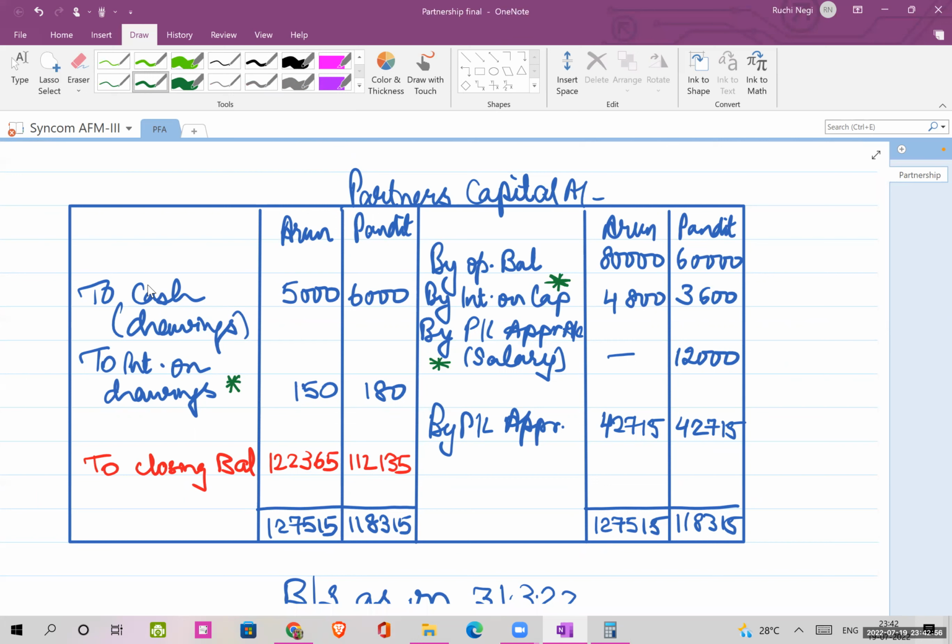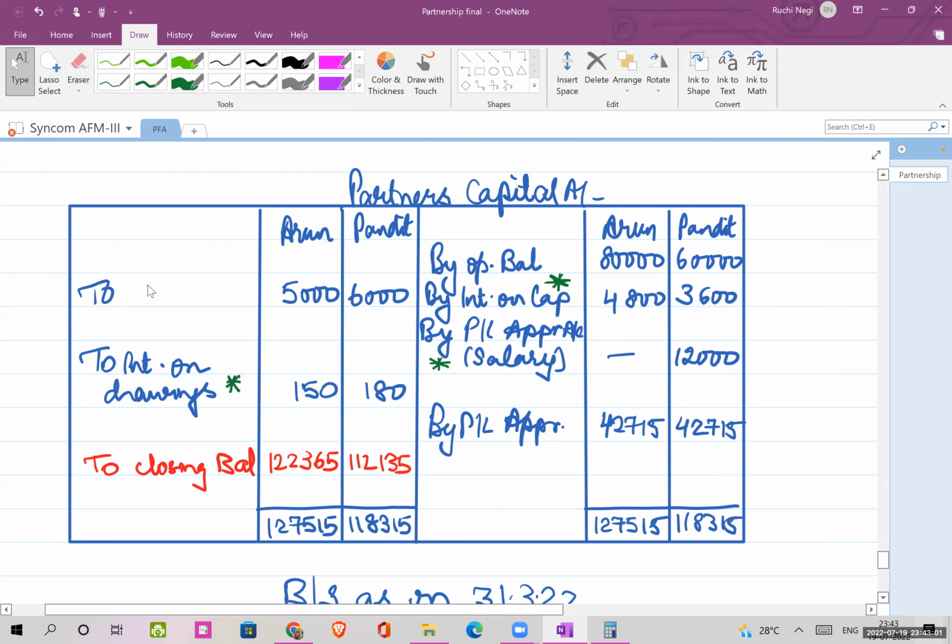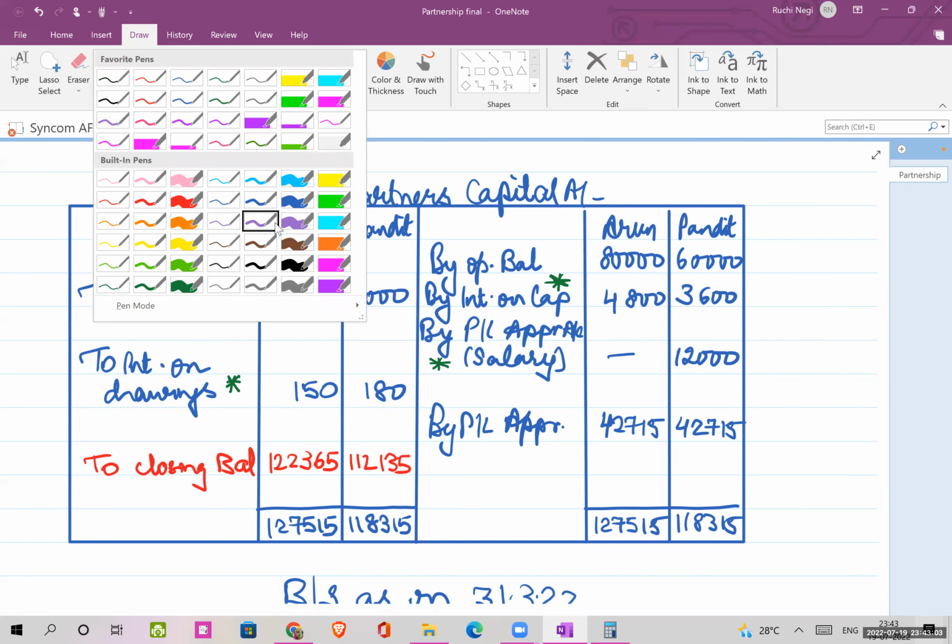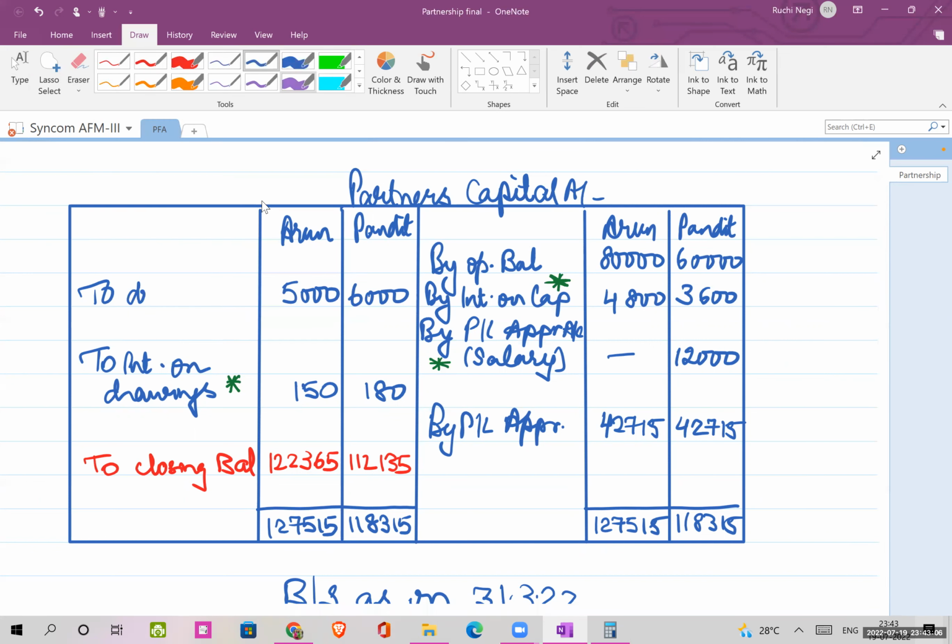ओके, और क्वेश्चन में ड्राइंग्स ऑलरेडी दिया हुआ है, ट्रायल बैलेंस वाला ड्राइंग्स, तो वो पार्टनर्स कैपिटल डेबिट.